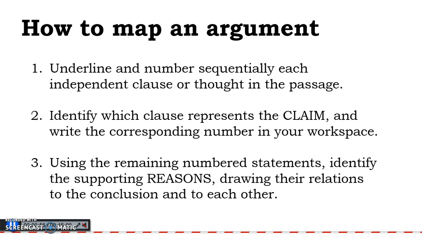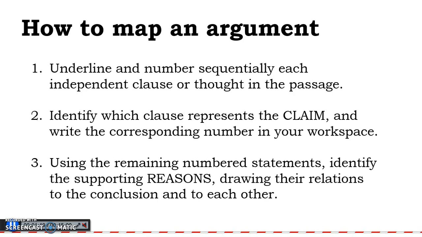How do you map an argument? 3 steps. First, underline and number sequentially each independent clause or thought in the passage. Second, identify which clause you just underlined represents the claim and write the corresponding number in your workspace.